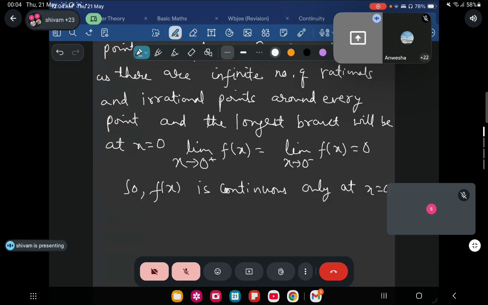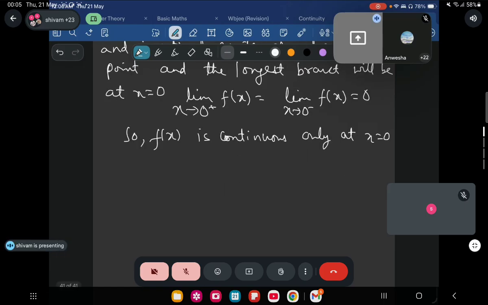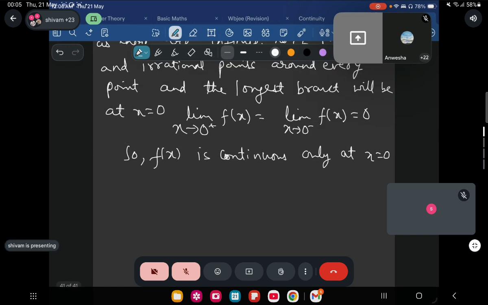Right, tell me everyone, are you getting it? Anyone having any doubt, you can ask me now. So this is the concept of single point continuity. Next, last topic. No, this one is done only.